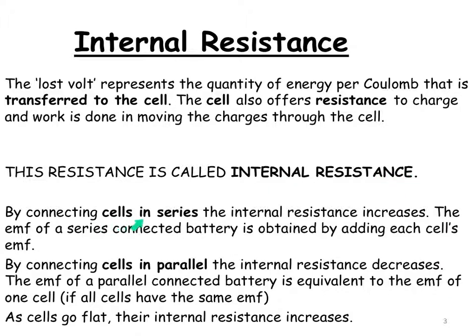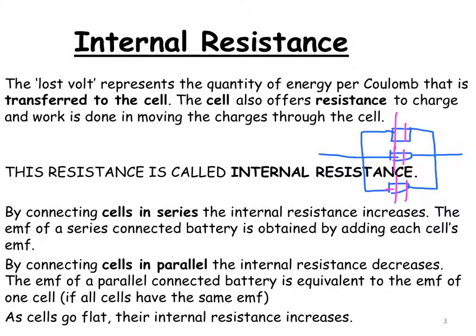If I connect cells in series, I increase the internal resistance. And if I connect cells in parallel, I decrease internal resistance, because remember, resistors in parallel have less resistance than just one resistor. And this is another reason. Up until now we've never discussed it, we've only said that the only advantage of connecting cells in parallel would be because we want them to last longer.